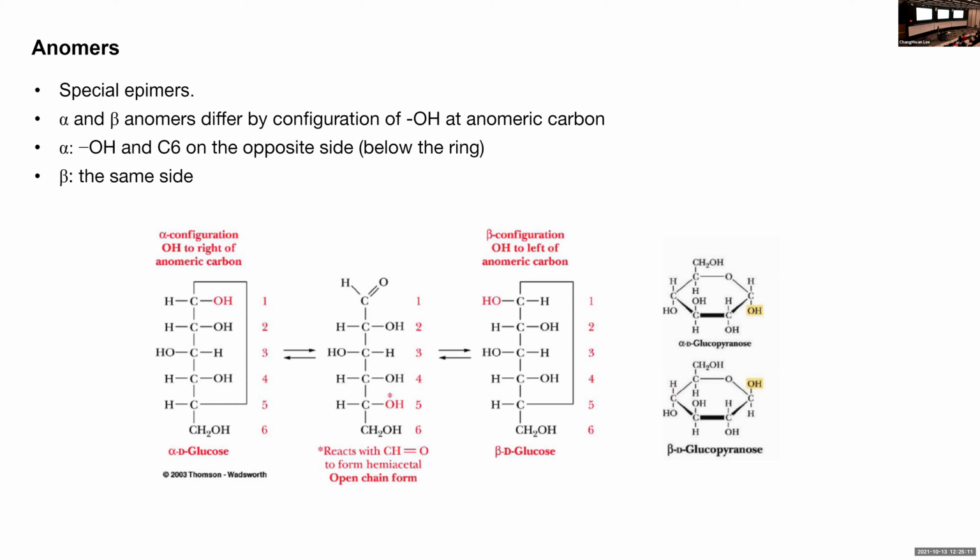Does that make sense? And you can, of course, have this intermediate stage, which is a linear form, and it can go back and forth, basically going to this alpha anomer or beta anomer. Okay?